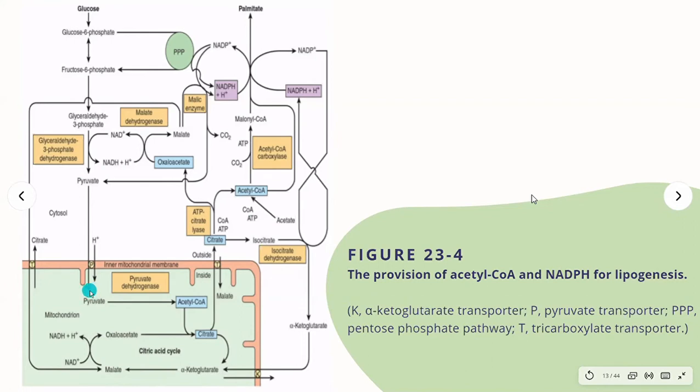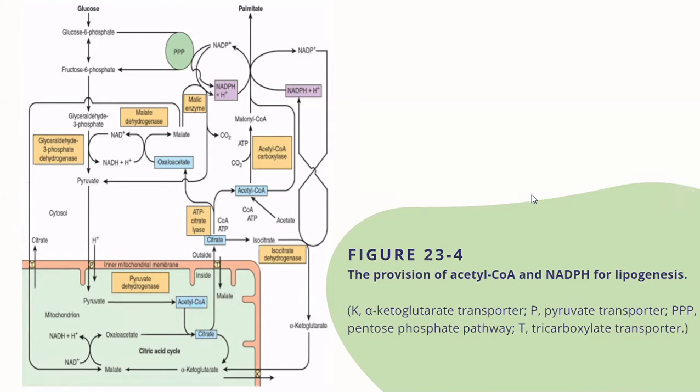And pyruvate is acted upon by pyruvate dehydrogenase complex, forms acetyl-CoA. Now we know acetyl-CoA or any compounds with a CoA cannot pass through membranes. It cannot, because of that CoA.